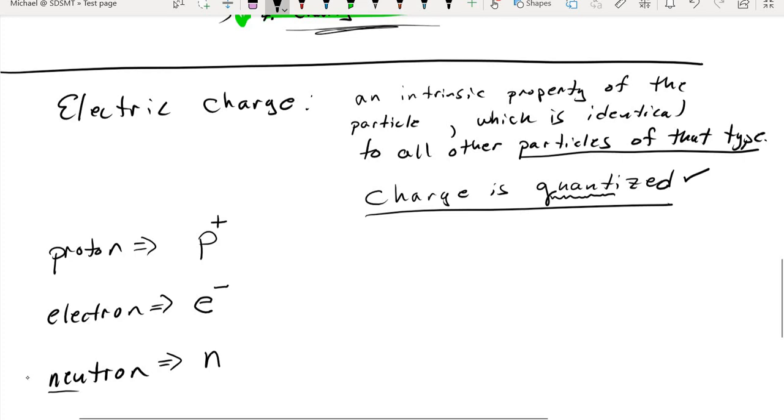Because whether we realize it or not at this point, we say P positive for the proton, but positive what? Well, positive 1. Our proton is going to have a positive 1 electric charge. Our electron will have negative 1 electric charge.